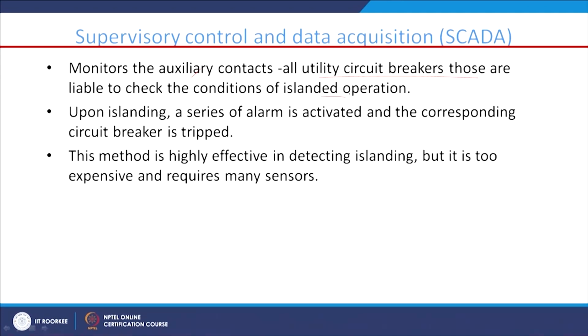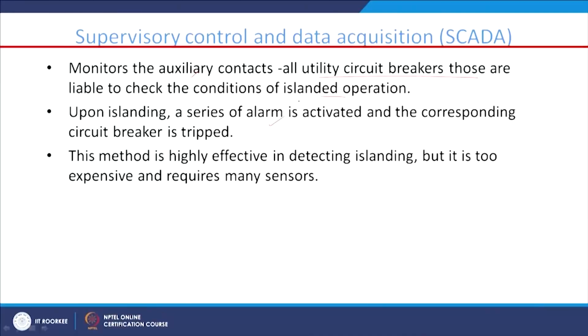If the main grid is islanded, that particular breaker on the main grid side is open, and that status will inform us that the microgrid is now disconnected from the main grid. Upon islanding, a series of alarms is activated and the corresponding circuit breaker is tripped, and then we can take the corresponding remedies. That is what the SCADA system does.